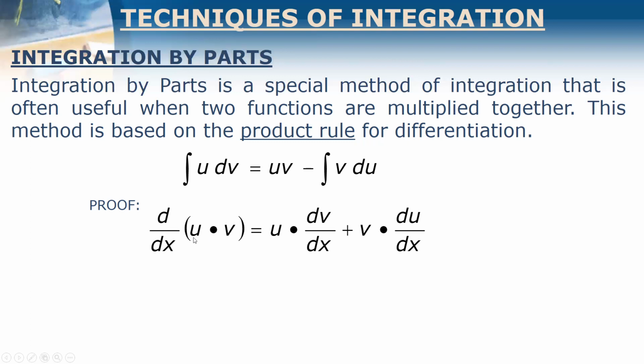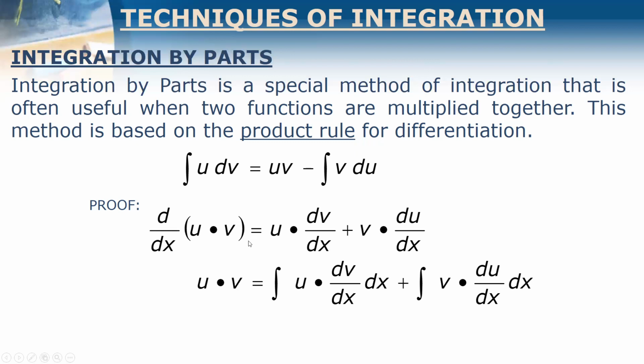The derivative of a product uv is u times the derivative of v with respect to x plus v times the derivative of u with respect to x. Now, if you integrate both sides, the integral of this will result to this one.